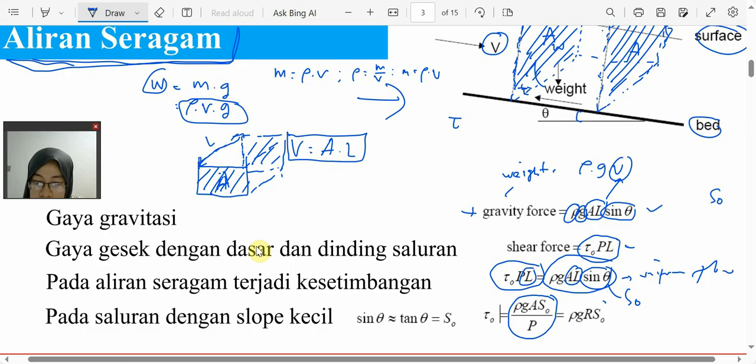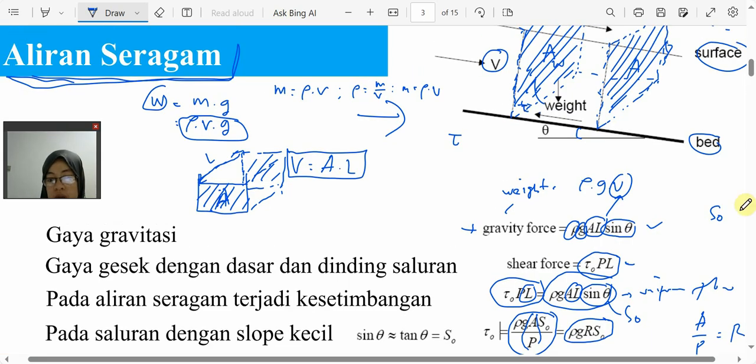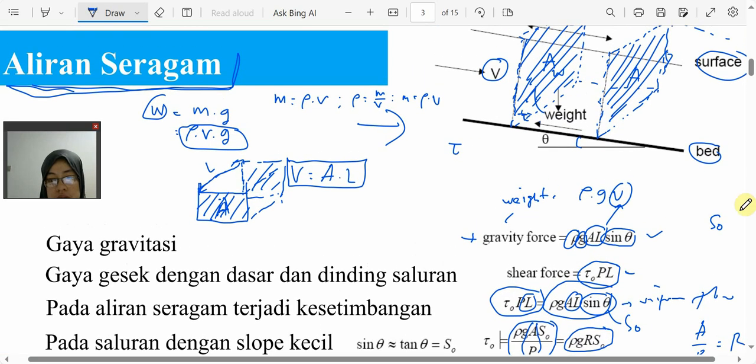And we remember that A over P is equal to the hydraulic radius, R. So we can write it in this form: rho g times R times S0.